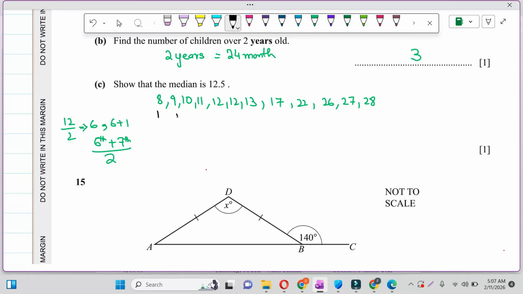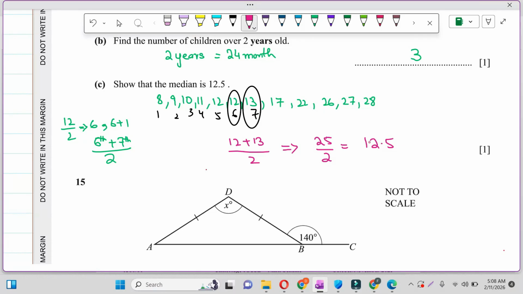So 1, 2, 3, 4, 5, 6, this one, and the 7th. The mean of the 6th and 7th values is 12 plus 13 divided by 2, which equals 25 over 2, and this is equal to 12.5. So we have shown that the median is 12.5.